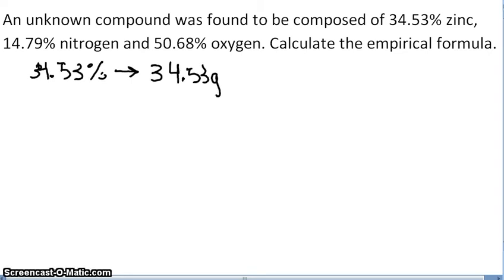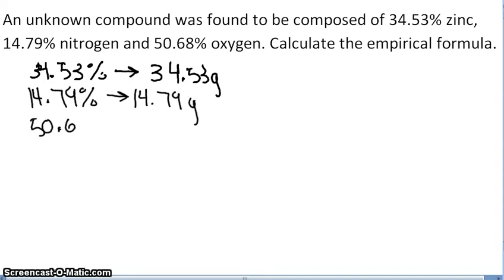And the same with 14.79% can be 14.79 grams, and 50.68% can be 50.68 grams.